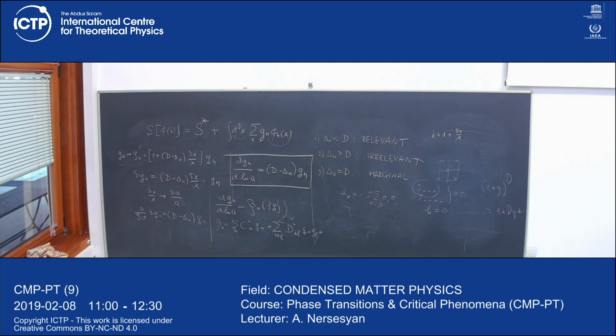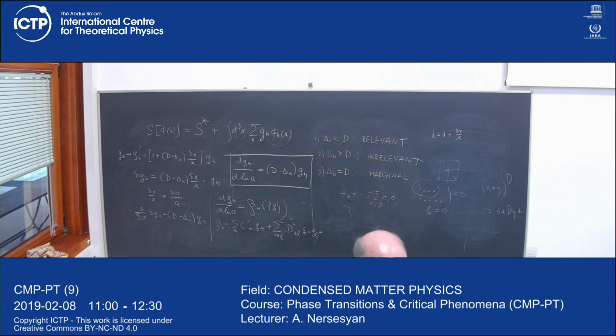The larger the coordination number, the higher is TC, because there are fewer fluctuations of the molecular field. I'm not talking about that. I'm talking about the critical exponents you can measure experimentally, calculate theoretically or numerically. Will they change or will they not when I add this?